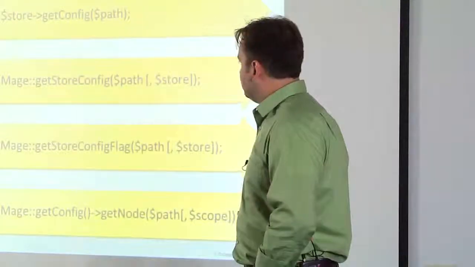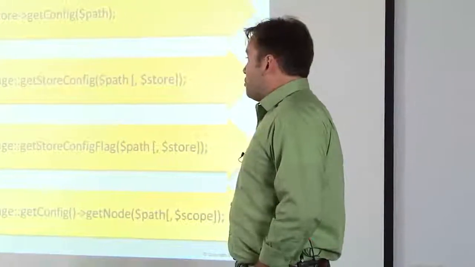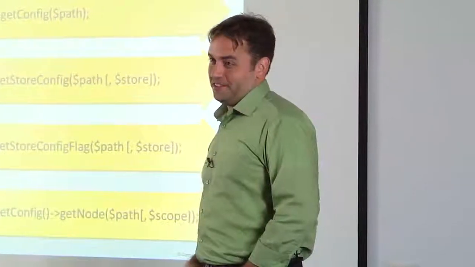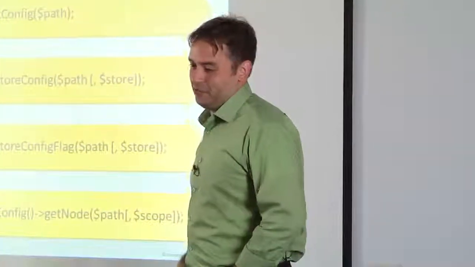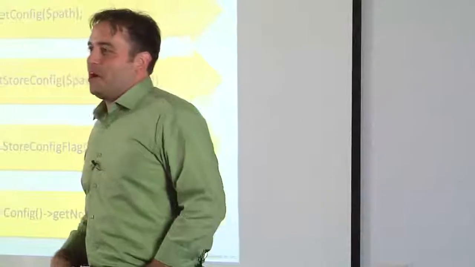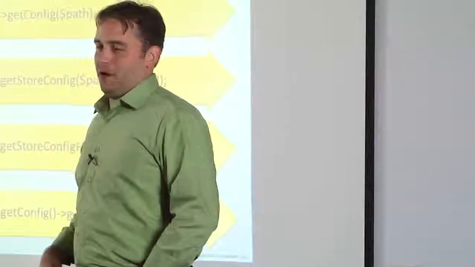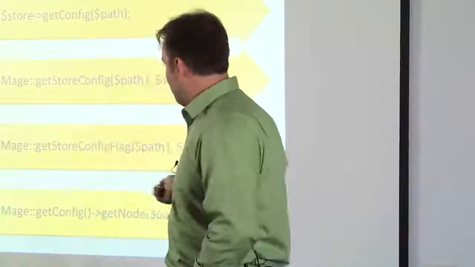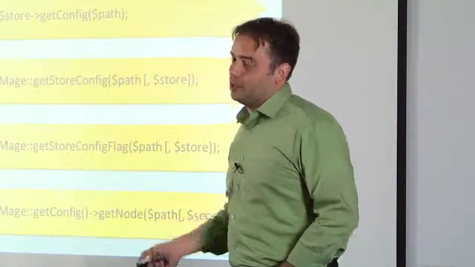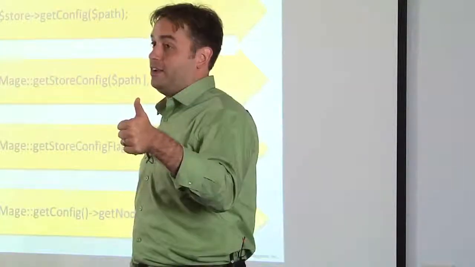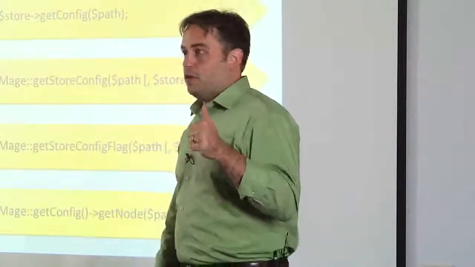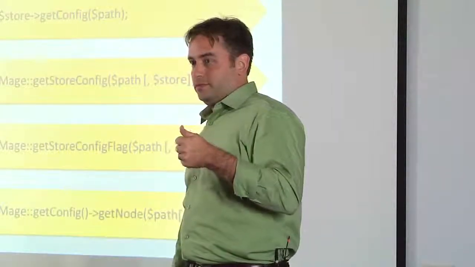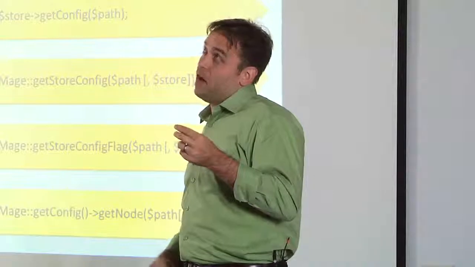All right? Now, if we want to check a flag in the configuration, the problem, certainly in PHP, is that a string will always evaluate to true. So there's this function here, getStoreConfigFlag, and it looks to see if the node is defined and if the node is true, or actually if it's not false.